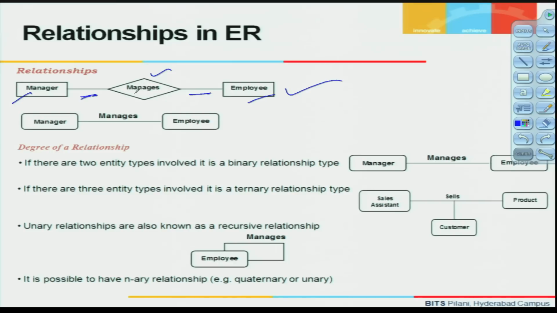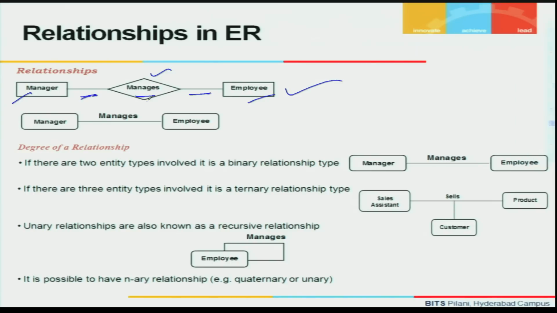I can also attach a name to the relationship. And sometimes we can do without specifying the diamond. This is also a valid representation of relationships or associations.